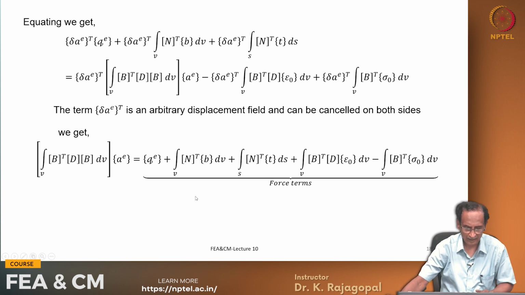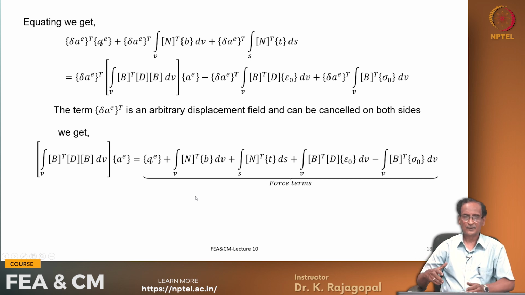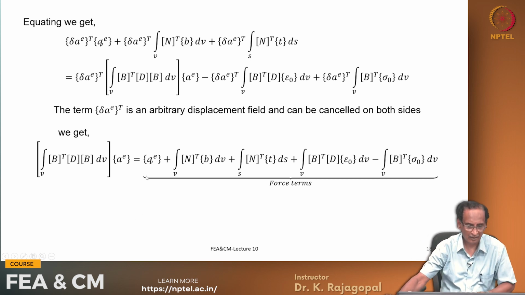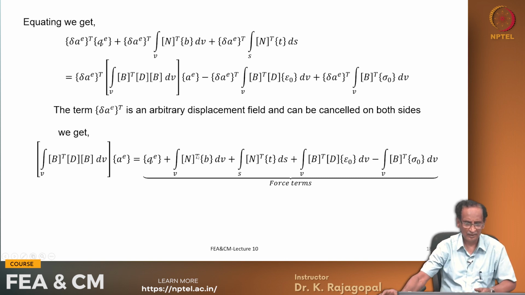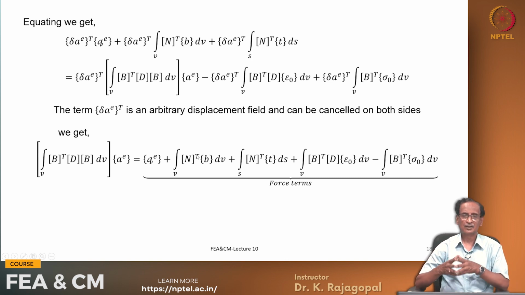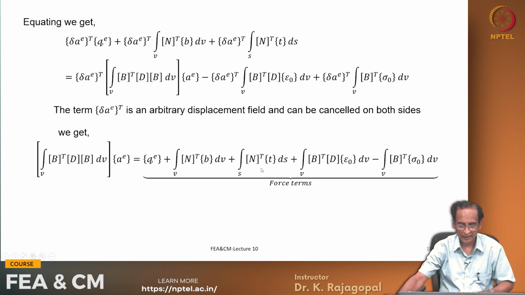And on the right hand side, we recognize that it is a force vector. In fact, our QE is the vector of the applied forces, and the N transpose B is the force vector due to the body weight, and N transpose T is because of the surface pressures that we applied.